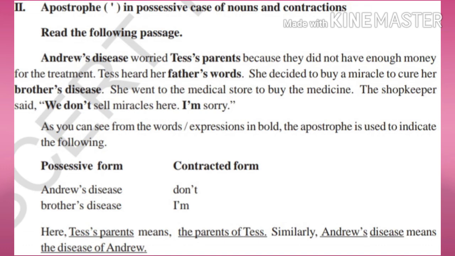Here, Tess' parents means the parents of Tess. Similarly, Andrew's disease means the disease of Andrew. Again, brother's disease means the disease of brother. Contracted forms: don't means do not. I'm means I am.